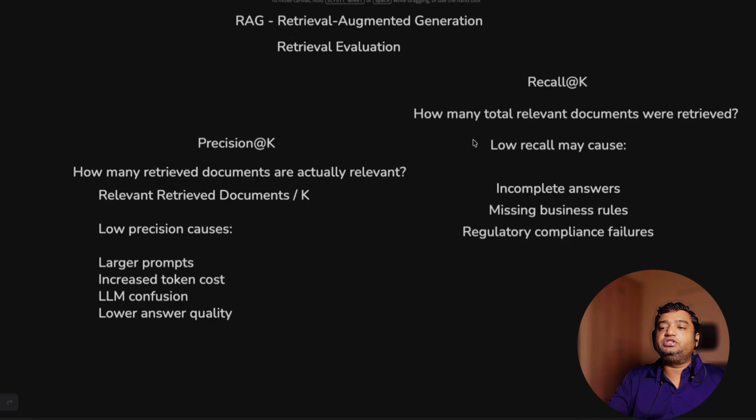It also increases your token cost, because if you have a large prompt, obviously your token cost will increase. The LLM will get confused because it gets all these chunks of data which have less relevant data. And if the retrieval is not correct, your LLM gets the wrong input and will hallucinate, giving lower answer quality.